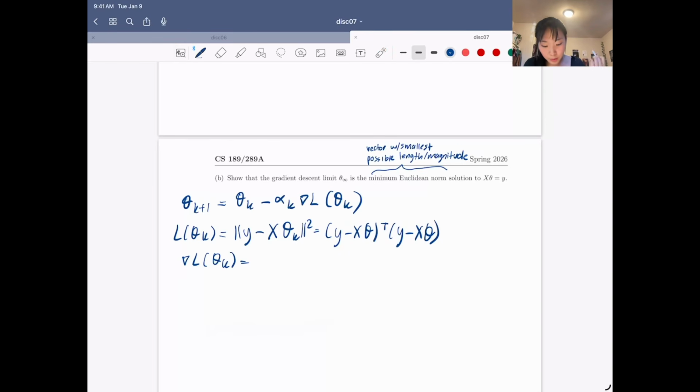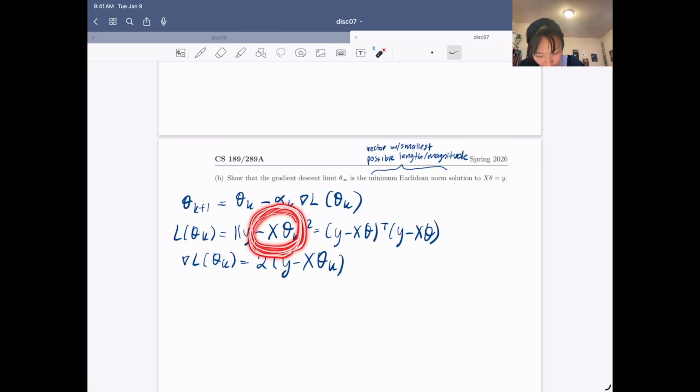But this one is kind of worth memorizing in my opinion. Instead of thinking of vector calculus, just think of it as normal calculus where you move the 2 into the front. So the gradient is 2 times y minus x theta k times, by the chain rule, the inside term, because we're taking the derivative with respect to theta k. So you would think that it's negative x, right?